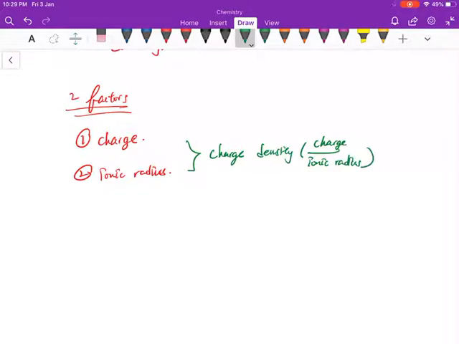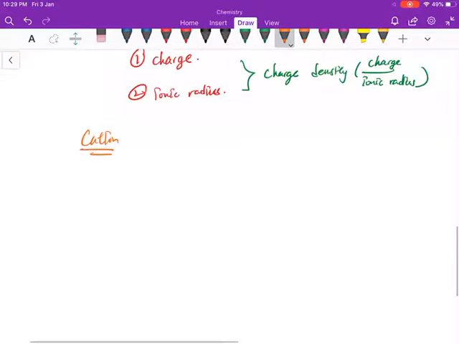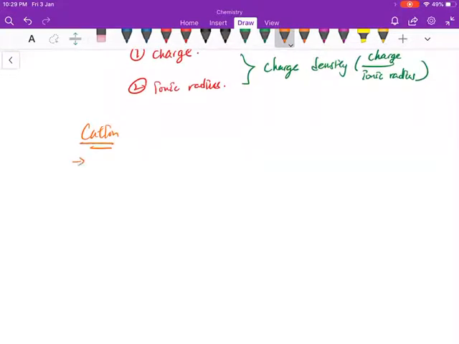So let's dig deep and look at the cation first. For very, very good polarizing power, you would want a very, very high charge and a very, very low ionic radius.